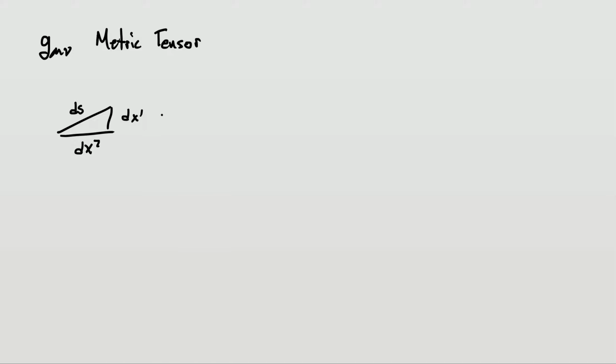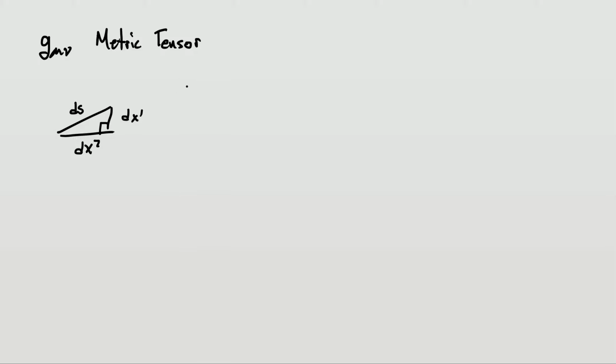This might be synonymous with the y coordinate if you're on an xy plane, but to be general and to allow ourselves multiple dimensions, I'm going to call the length of this dx1 and the length of this dx2. And again, this is a 90-degree angle, and we want to know what the distance ds is right here.